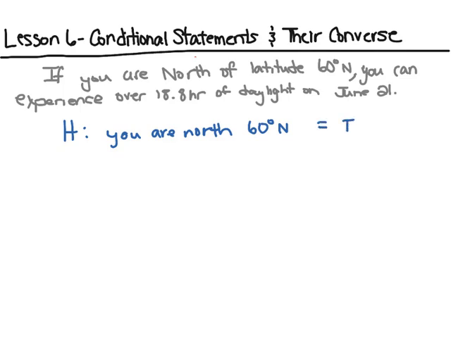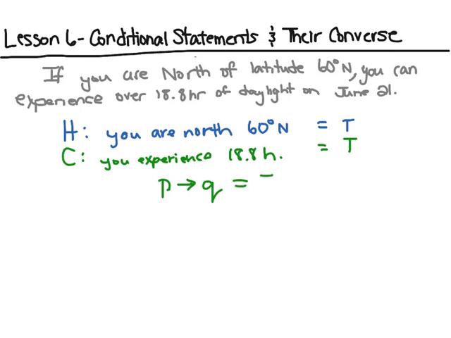Our conclusion is that you can experience over 18.8 hours of daylight on June 21st. We know that is also true because they're telling us this. So if P then Q, we know P is true, Q is true, so altogether this is true.